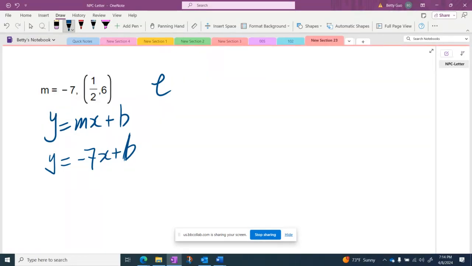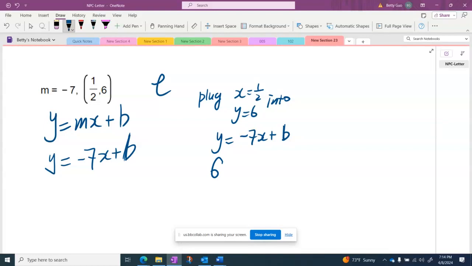What we do is we're going to plug x equals a half, y equals 6 into the equation y equals 7x plus b. Okay, let's do that. y is 6 here, equals 7 times x, x is a half here, plus b.